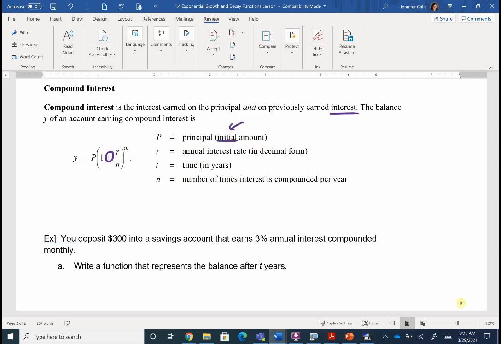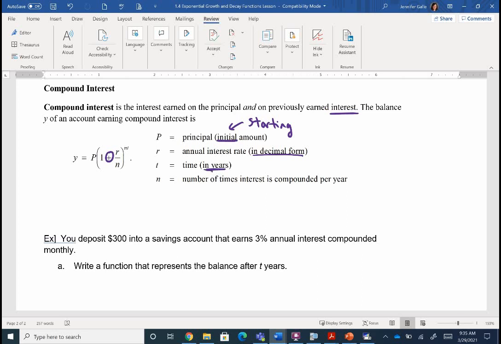And again, if you don't like that word initial, you can say starting amount. Our 1 is still there. Our 1 for our 100% is still there. Our R is our annual interest rate, and again, in decimal form. T is still our time, but now this one specifically, the time is in years.